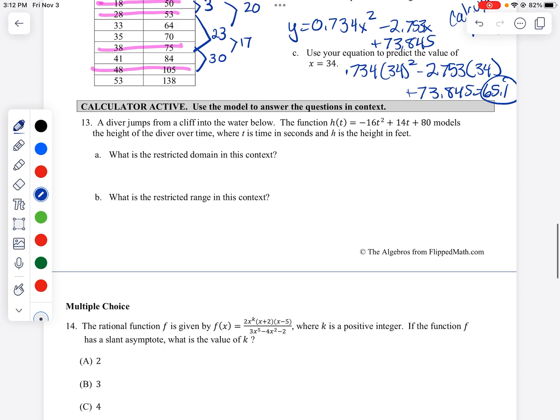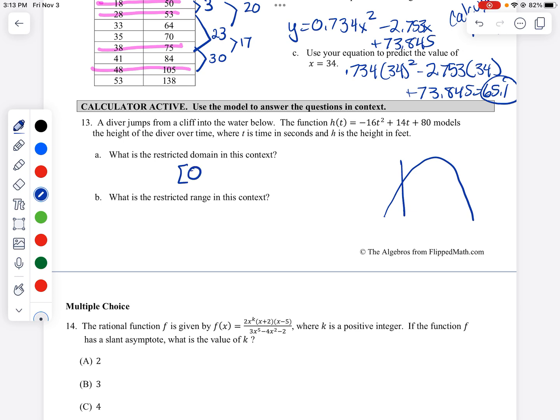So this next one is another calculator active one too. And again, I don't have the calculator on here, so I can't show you that. But we have somebody jumping off a cliff, and here is what it's modeled by. So what is the restricted domain? We have to think about when the time starts at 0.